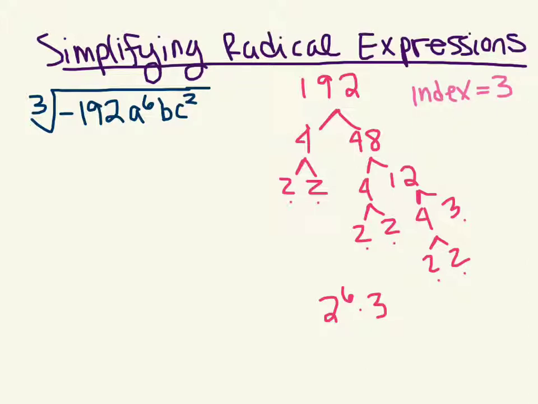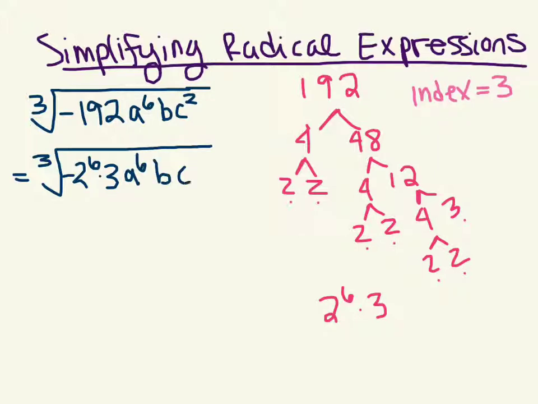So now we're going to go ahead and replace that with what we have as our cubed root over here and say we have the cubed root of negative 2 to the power of 6 times 3, a to the 6, b, c squared.